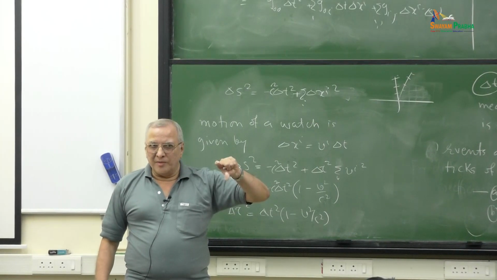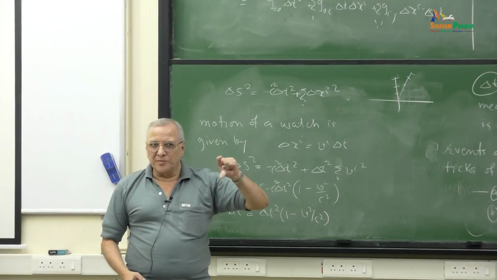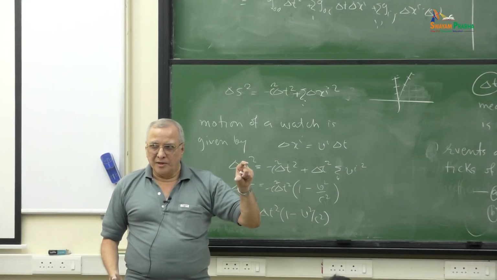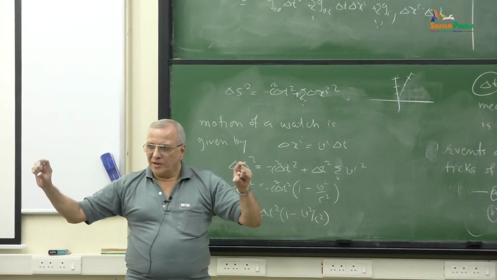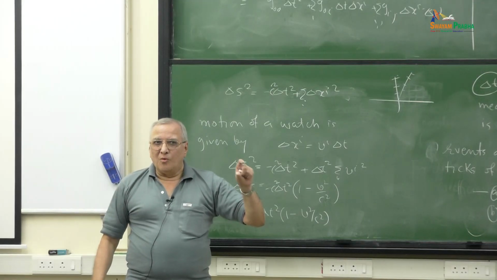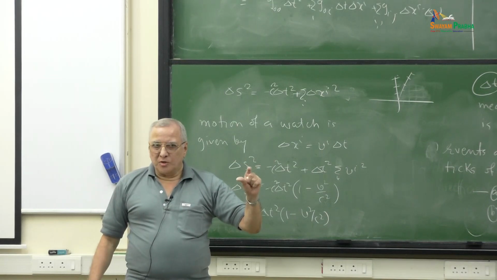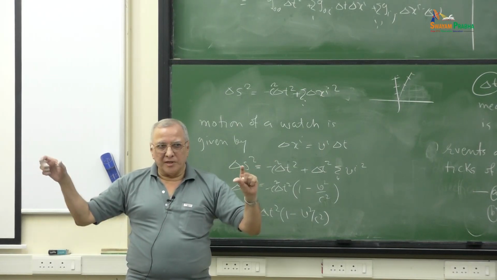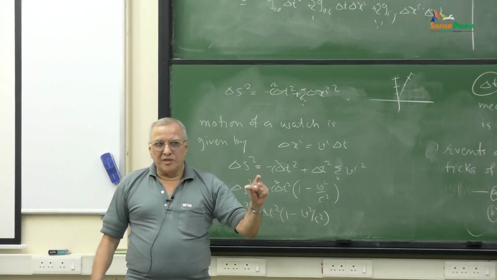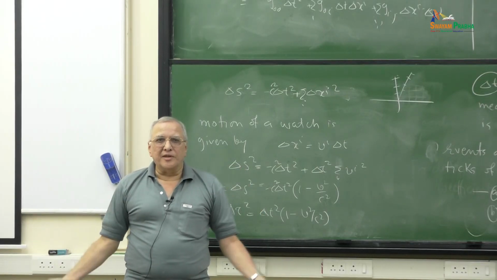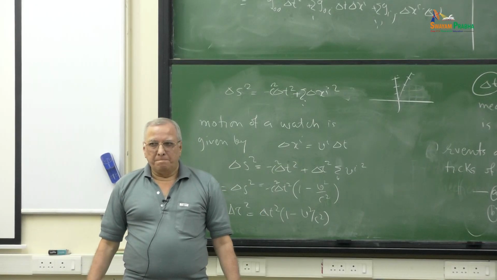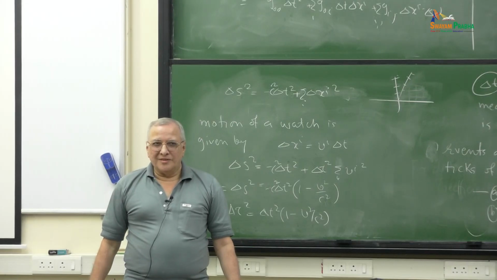This pair is defined by a clock which is moving. This pair is defined by a clock which is not moving. Intervals are different, but intervals define what the seconds are, because the ticks tell me what one unit of second is. So the two clocks have two different intervals, which says that the two clocks are ticking at different rates. Is that clear?